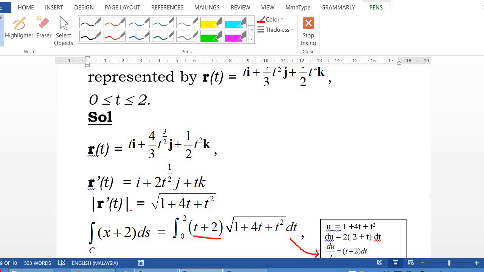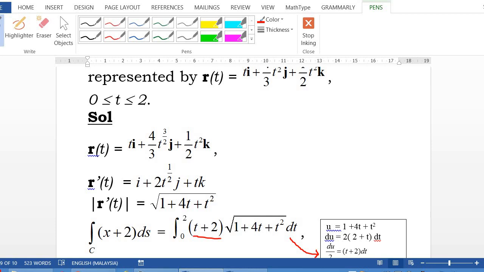So ds equals the magnitude of r prime t. To find the magnitude of a vector, take a big square root, and square each component. So 1 squared is 1, 2 t to the power half squared is 4t, and component k is t, squared gives t squared.